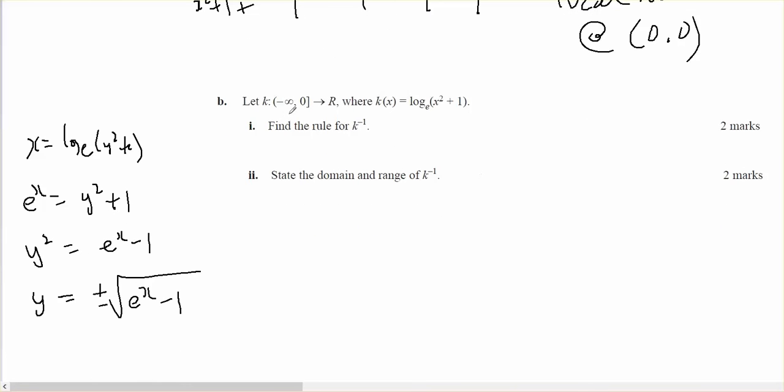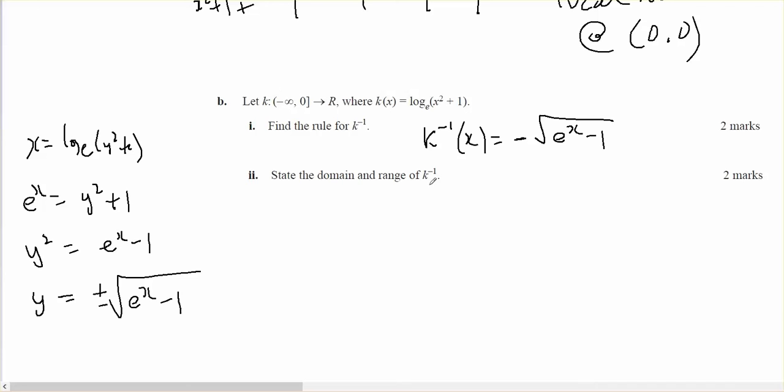Since the domain of this was negative up to 0, then the inverse k inverse of x is going to equal the negative square root of e to the x minus 1, because its range has to be negative, because the domain of the original was negative.